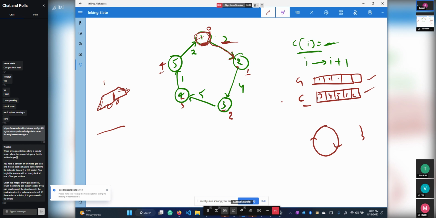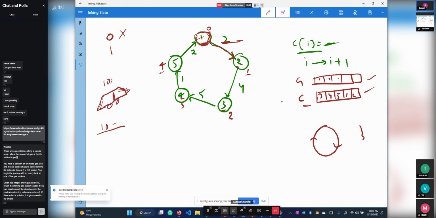If you have 10 liters, it will go 10 kilometers, so you can reach any station with a cost of 10. Here you can't go from the 0th location to location 1 because you need 3 gallons, right? So starting at the 0th location is not an ideal position. Index 0 is not at all an answer.